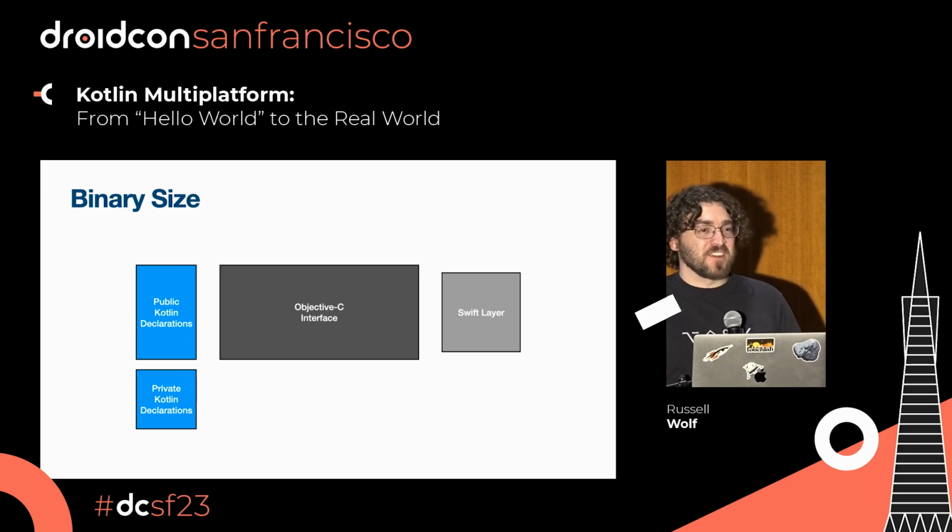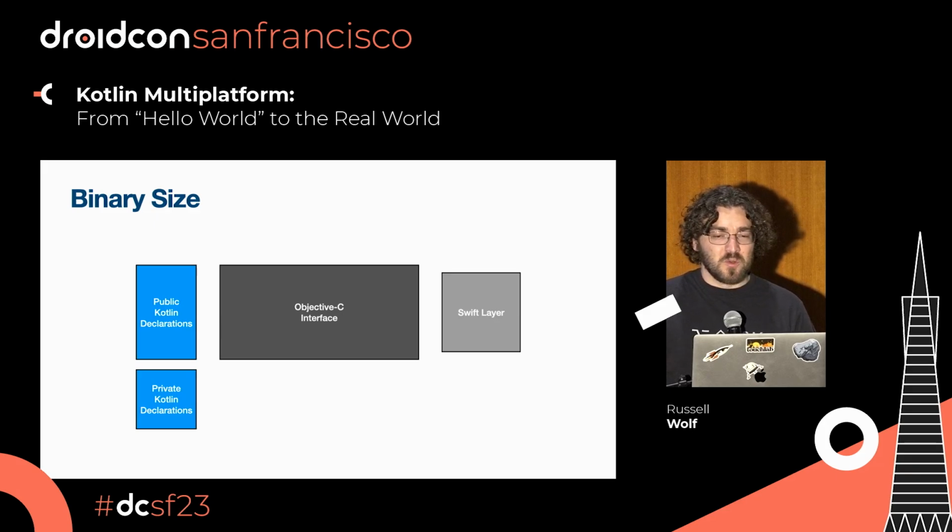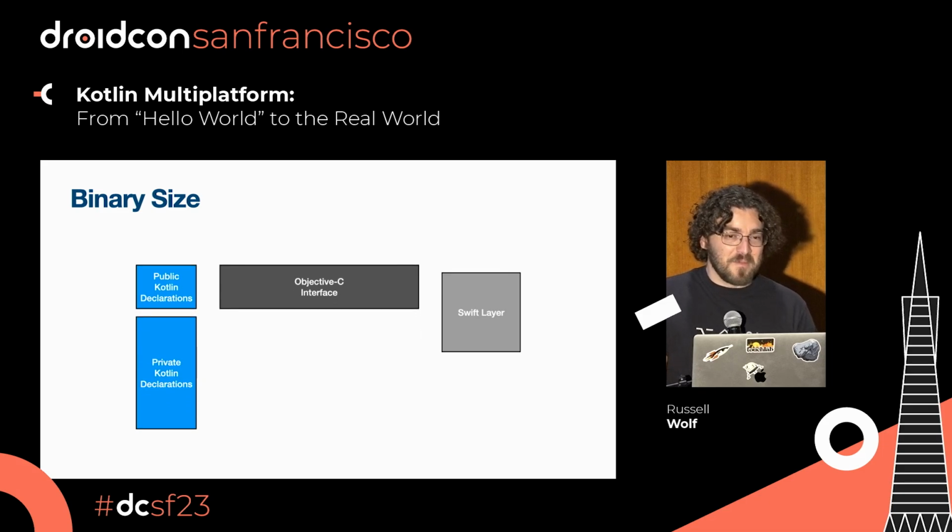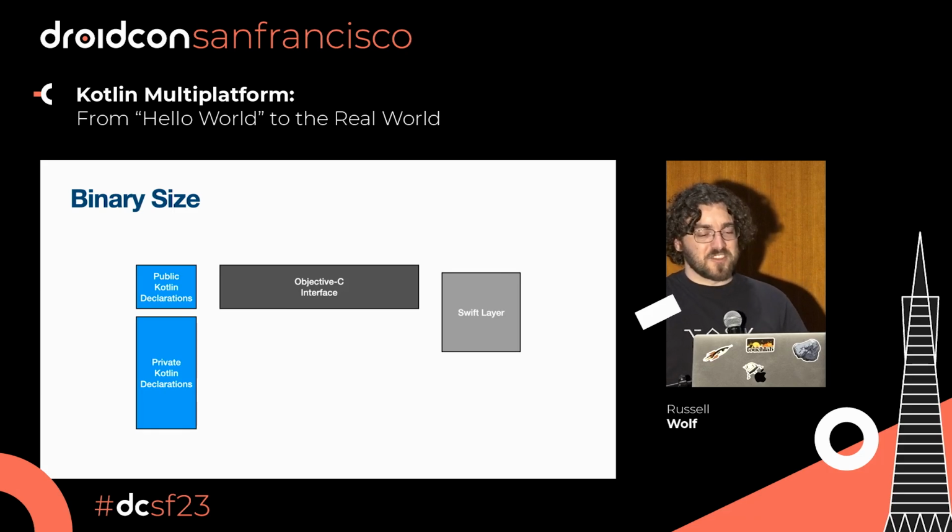So if you just had Swift and Kotlin, you wouldn't have too big of an impact, but once the Objective-C bridging is in there, it gets more significant. And the lesson that comes out of that is you want to, where possible, limit how many public declarations you have to just the ones that you need to call from Swift. So if you can make that box on the left a little bit smaller, then you're limiting the impact of the Objective-C bridging size.